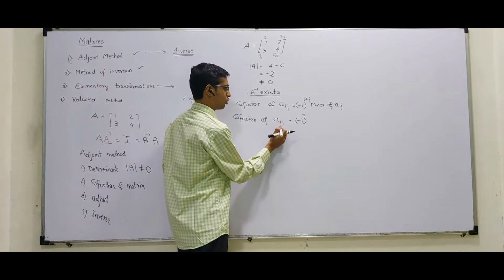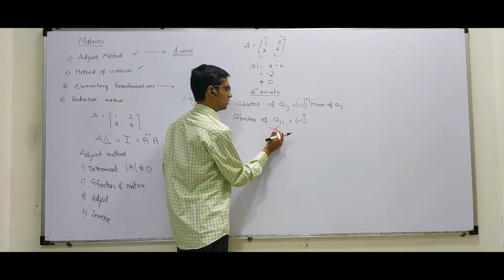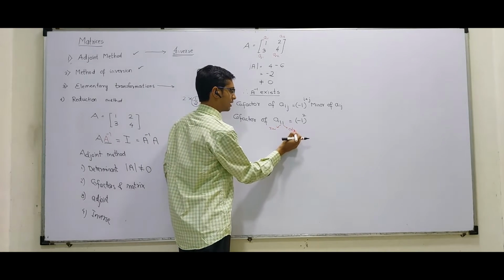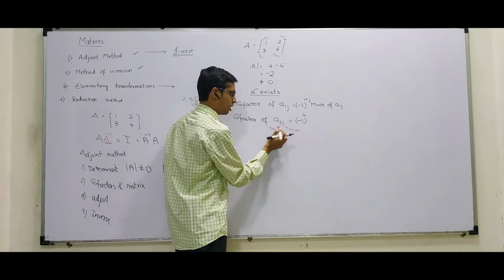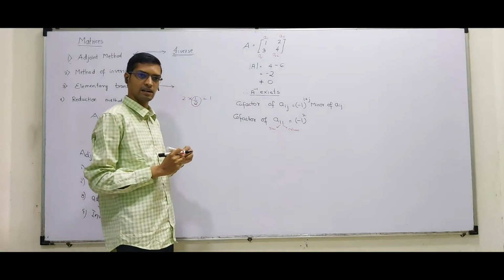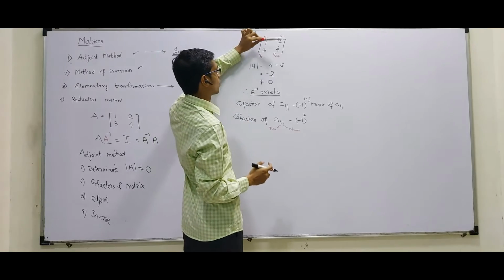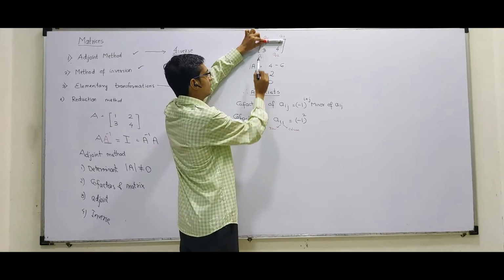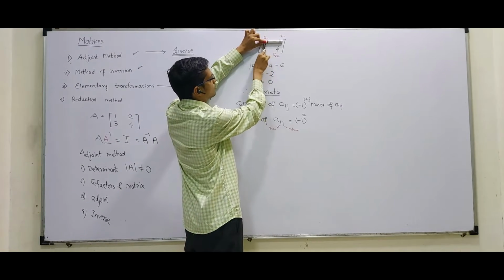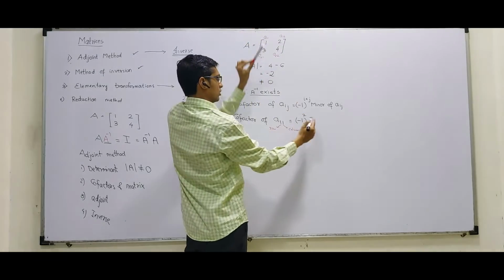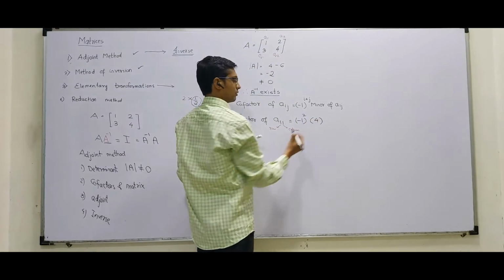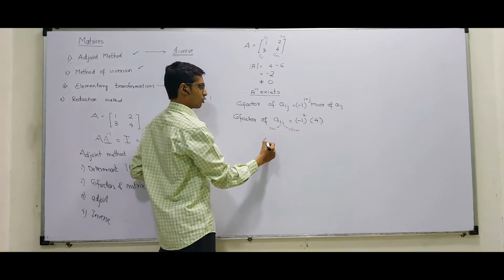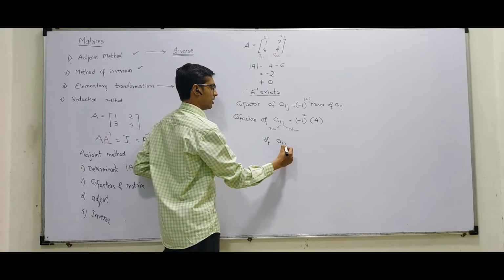This stands for row, this stands for column. It means first row and first column hide करना है. So I'll hide the first row and the first column. So what is left? 4. So I'll write here 4. Similarly, cofactor of A12.